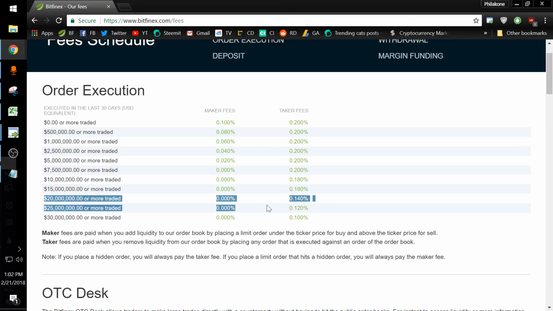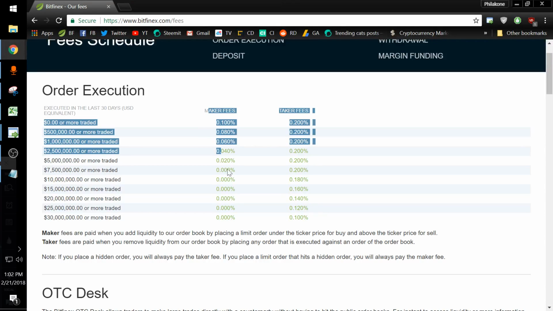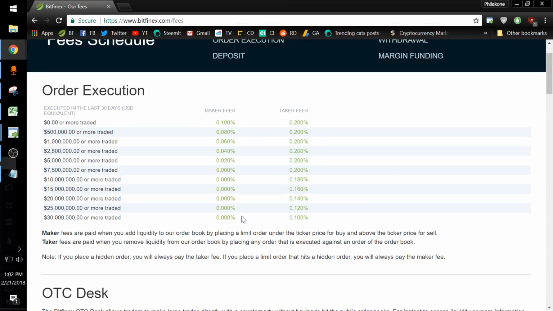Mine's this one right there. I'm in that category. I'm shooting for actually 25,000 this month, so I can get a little bit lower of a taker fee. That would be very reasonable to me in case you need to do market executions. So the maker fee, what is it? The maker fee is when you're placing a limit order that's not market executed. You're waiting for someone to fill your order. And these make a big difference, right?